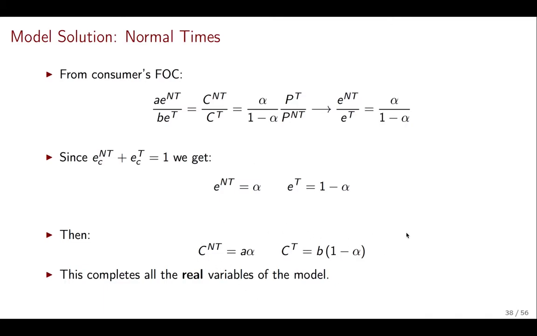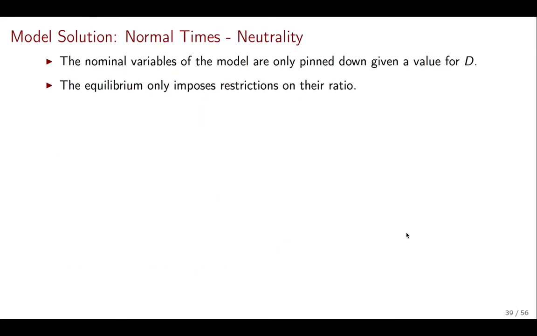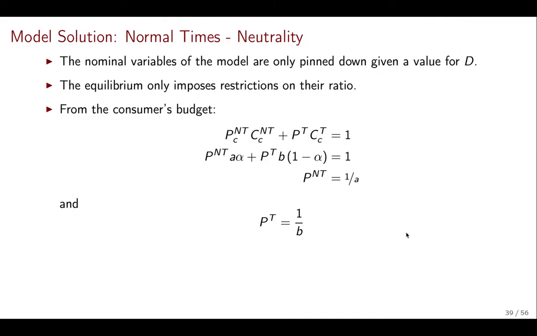What's left for us to find is the level of the nominal variables like wages and prices. So that's what we're going to do here. The first thing is to know that the budget constraint needs to hold. Remember, demand is equal to 1. So we have here the budget constraint. We just found out what CNT and CT have to be in equilibrium, A alpha and B times 1 minus alpha.